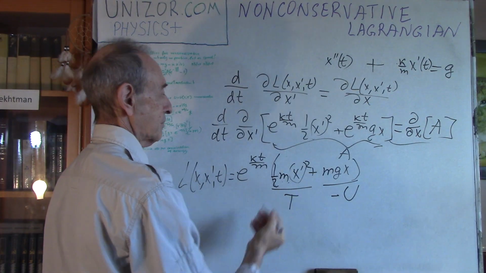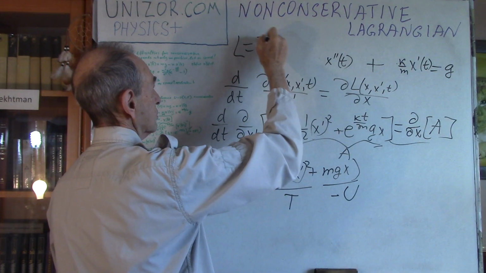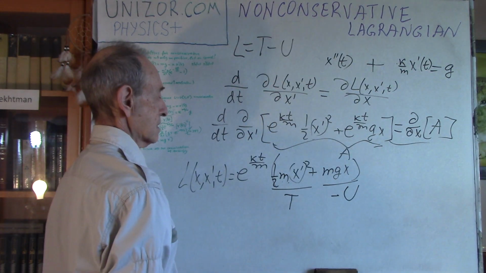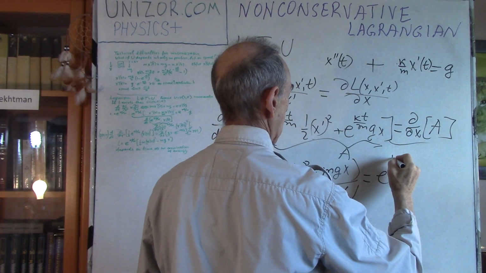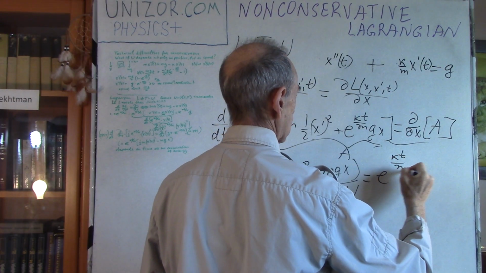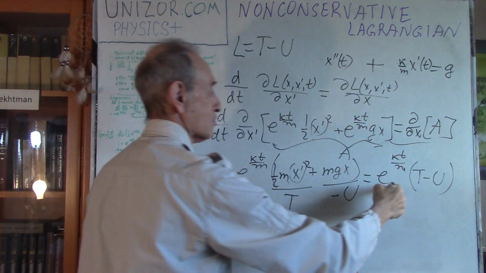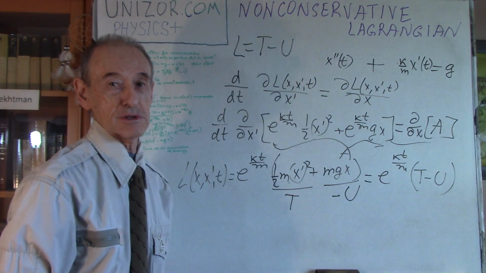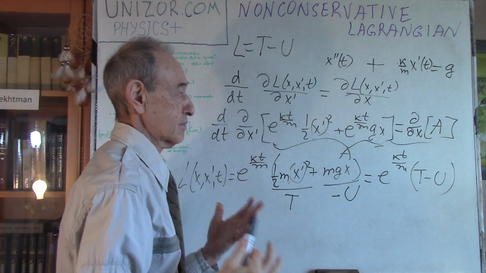So what is my final formula? Remember, L is equal to T minus U for a conservative system. And for this particular system, it's e to the power kt over m times T minus U. Looks like it, but there is one multiplier which depends on time. So that's very important.